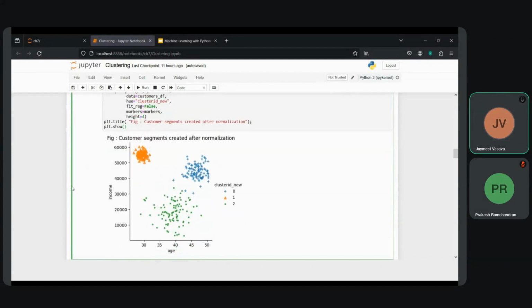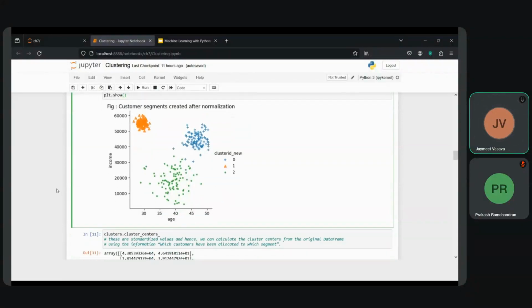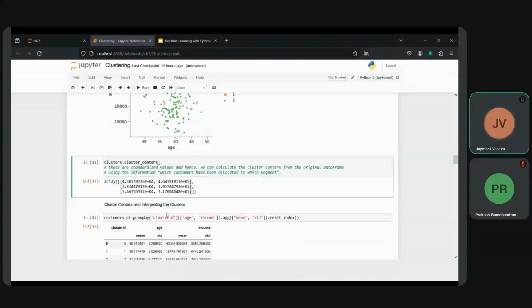And this was the graph for the normalized values, using the age and the income of the customers. To get the centroids of the clusters, cluster_centers_ was used.